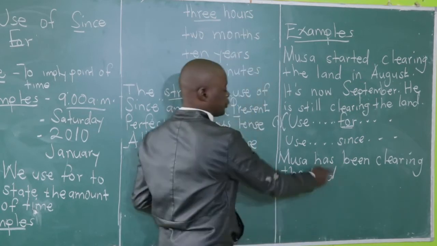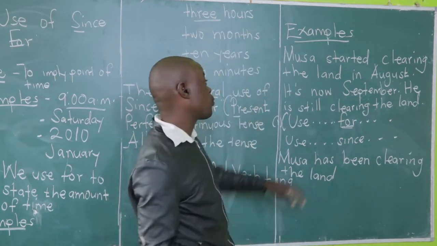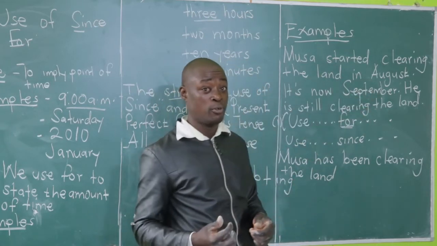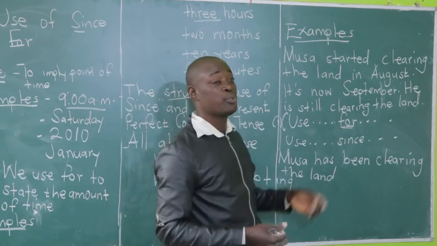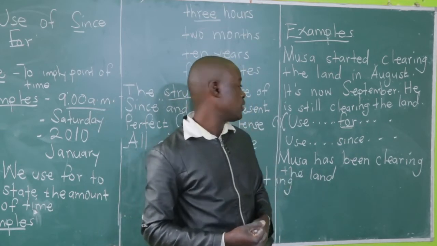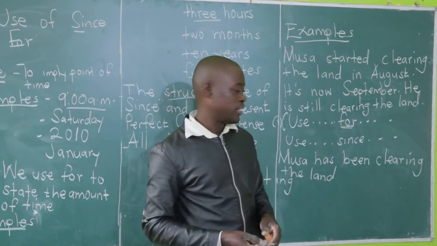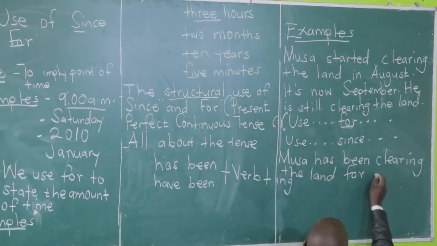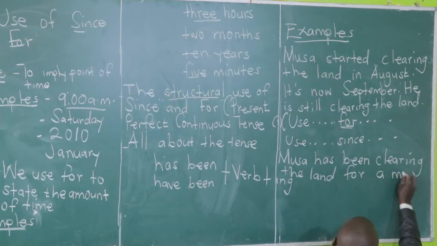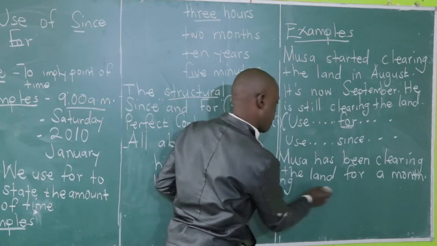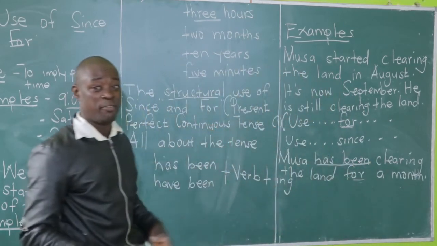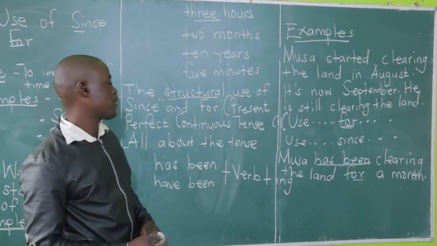Now, because I'm going to use for, that's why I need to use 1 month. I will no longer use August and September. They have just helped me to establish the duration Musa has been clearing the land. And the answer is going to be Musa has been clearing the land for a month. I have used for, and I've used has been clearing the land, which is the present perfect continuous tense. Are we together?